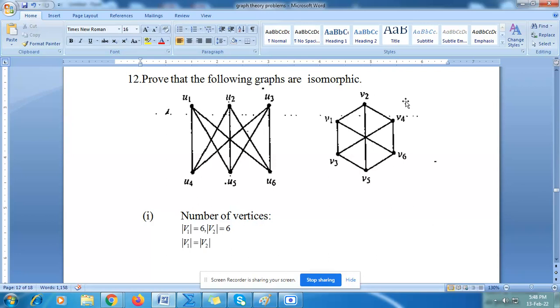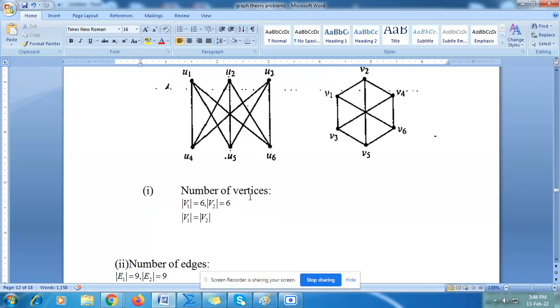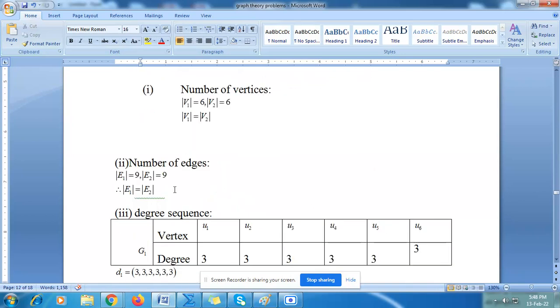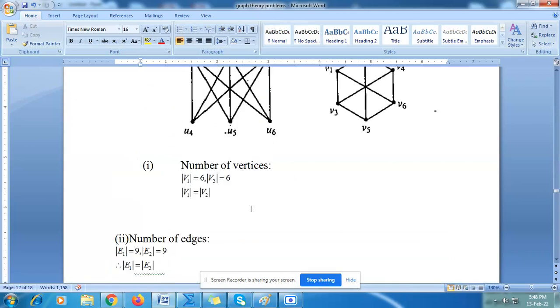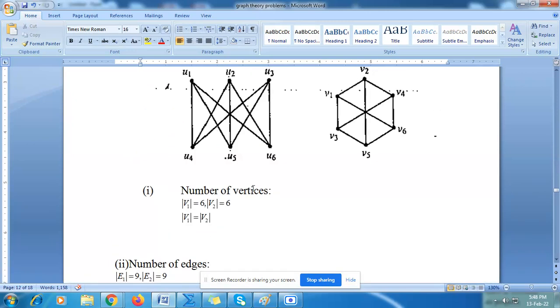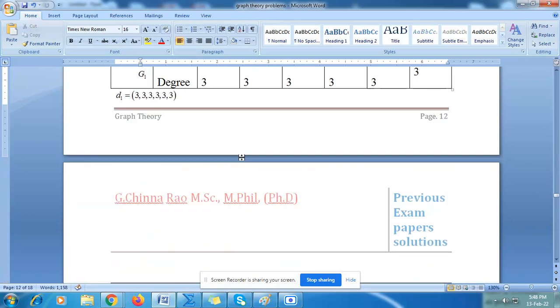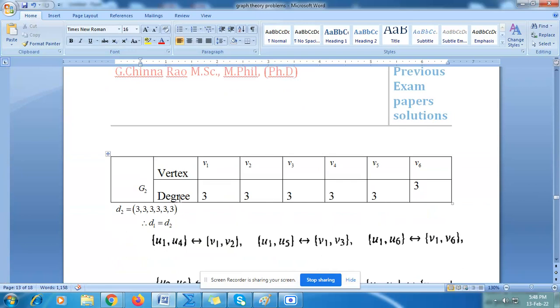Here also 9. So the number of edges is equal. Now find the degree sequence. U1 through U6 all have degree 3, so the degree sequence is all 3's, and graph 2's degrees are also the same.